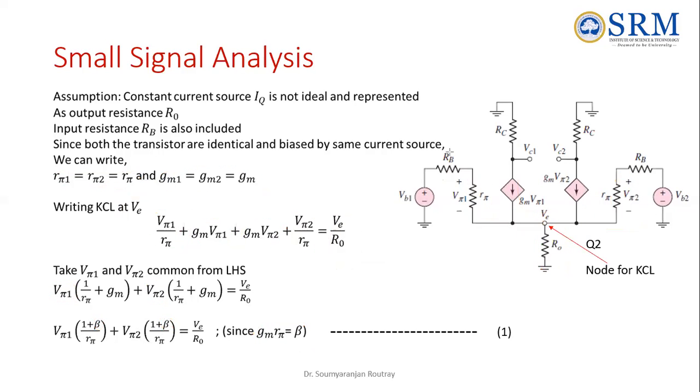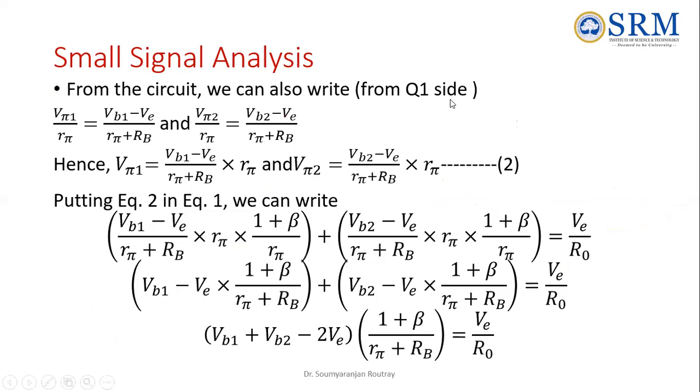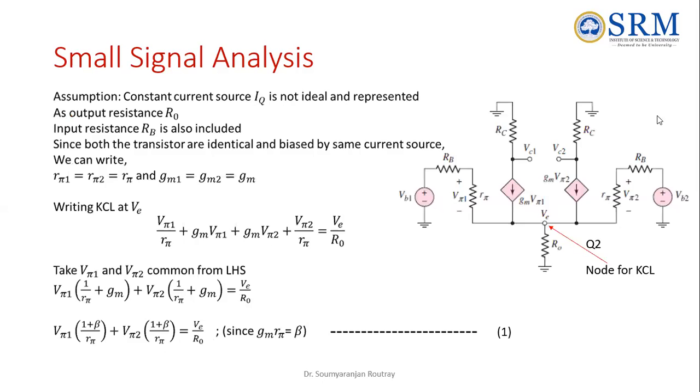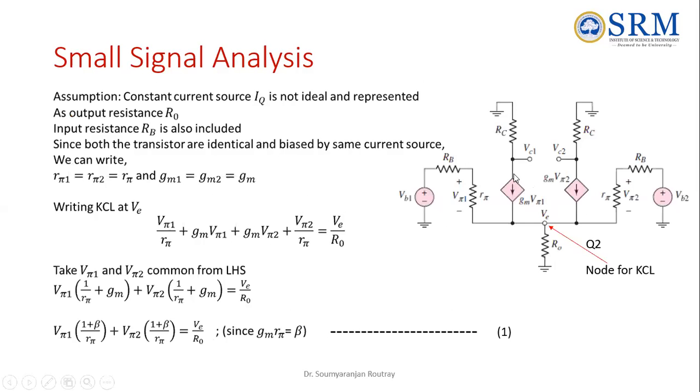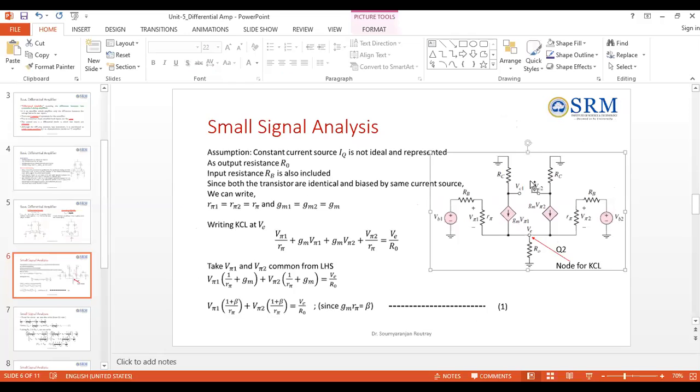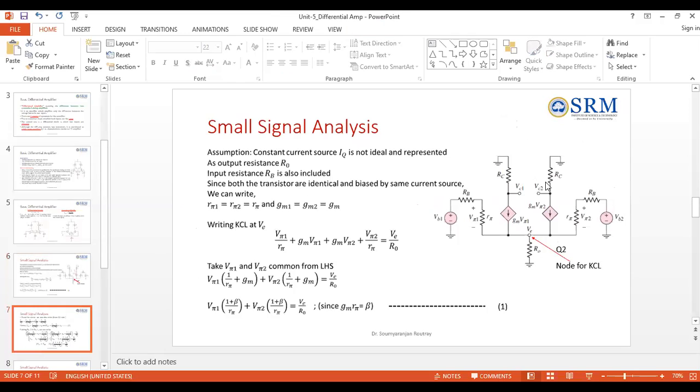Now we'll see what is happening. Next step. Now from the circuit we can write some equations. We'll see these equations. This is the circuit. Better we'll copy this circuit and paste over here.